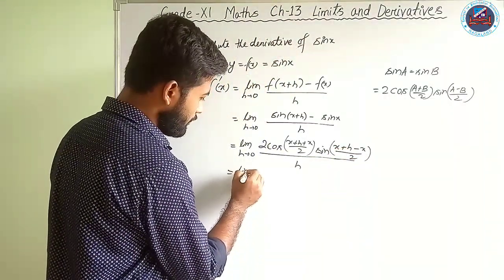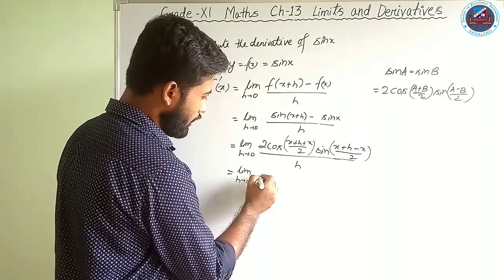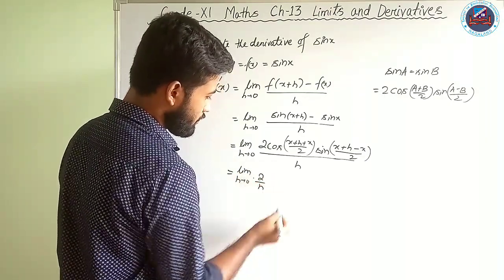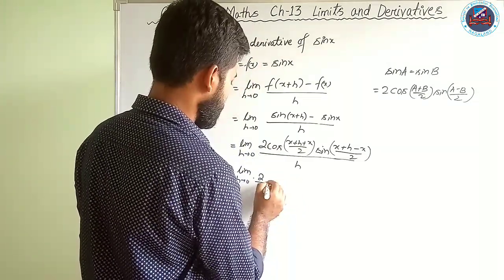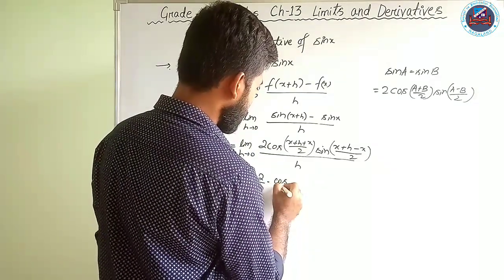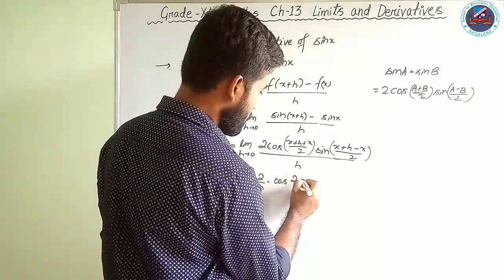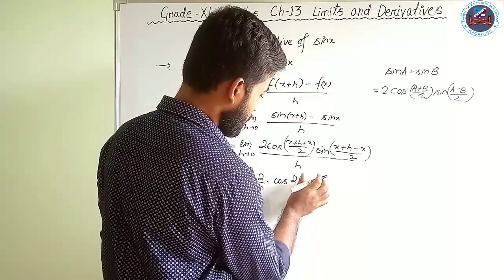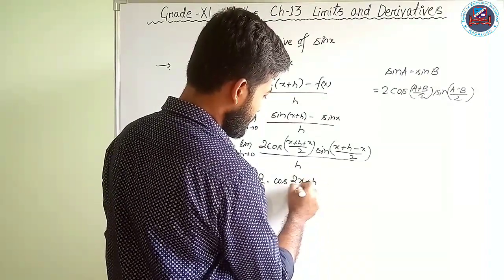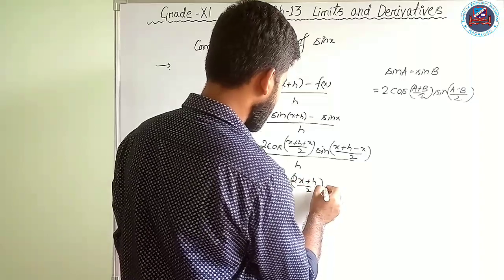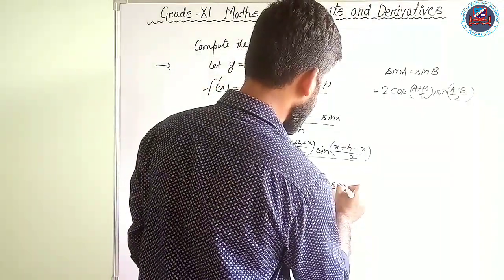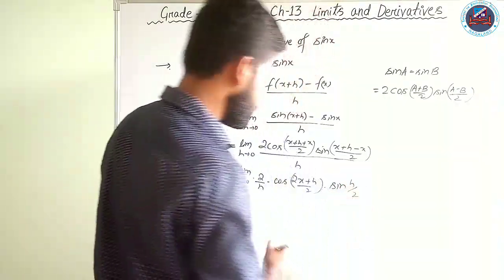So here we have limit h tends to 0. I can write the 2 by h here, along with cos of 2x plus h by 2 into sin of h by 2.